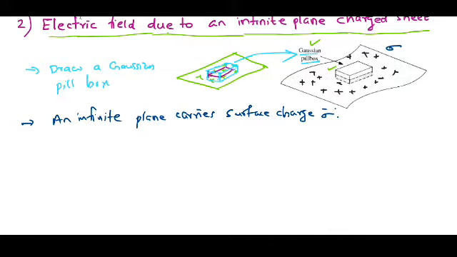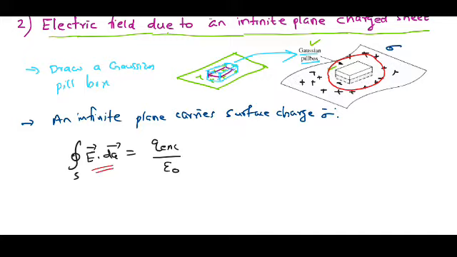We have the tool, that is Gauss's law: the surface integral of E dot dA is equal to charge enclosed divided by epsilon 0. Then if we consider this Gaussian surface in the figure, we have to evaluate the surface integral E dot dA from this figure.